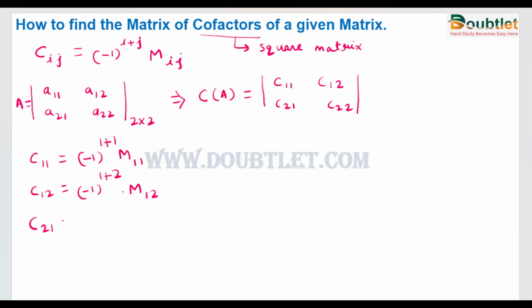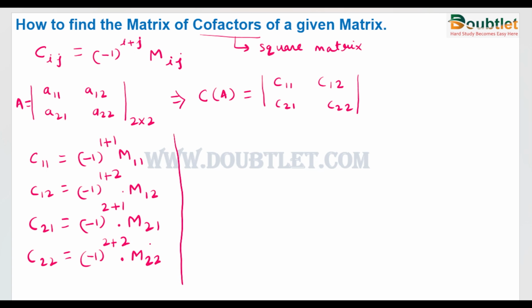To find the cofactor of the second row and first column element, we will use minus 1 to the power 2 plus 1 multiplied by M21, and for the last element, the second row and second column, we will use minus 1 to the power 2 plus 2 multiplied by the minor of that element. Similarly, if the matrix is of the third order, we have to find the cofactor of the remaining elements.